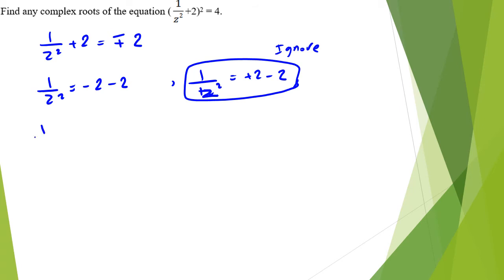Then you will only focus on this one here. Rearrange, and you will end up with 1 over negative 4 equals z squared. Now square root both sides. You'll end up with 1 over 2i, because it has a negative, and the square root of negative 1 is i. So that's why it's positive or negative half i. So that's your final answer.